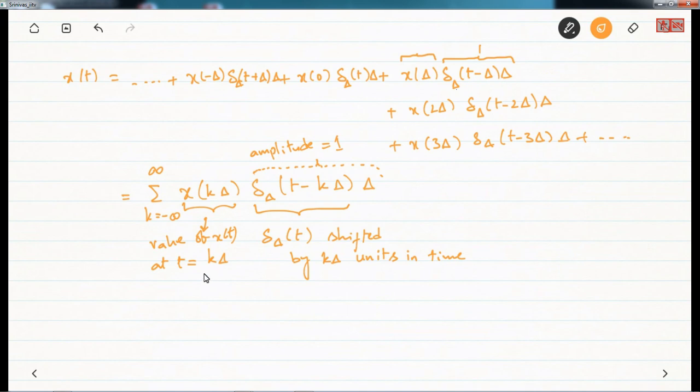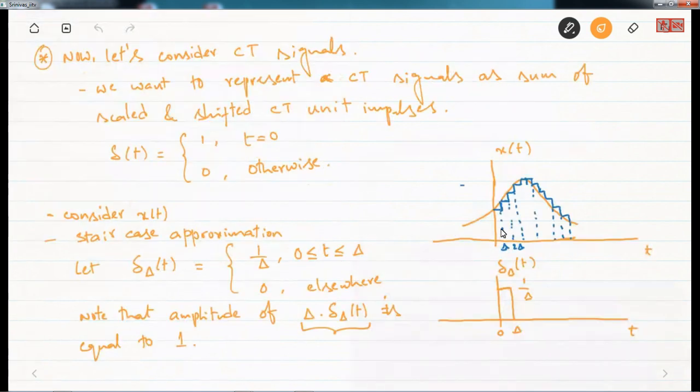See, what I'm trying to do is express this diagram in mathematics. That's it. There is a continuous time signal x of t, and we are trying to represent it in terms of narrow rectangular pulses, delta delta of t. As you know, this is delta delta of t multiplied with the value of x of t at 0.